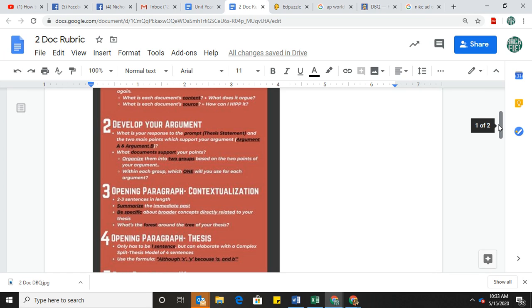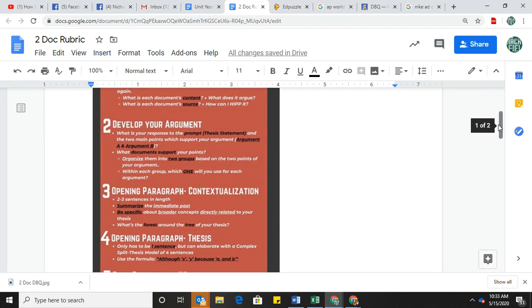So if you get a document about the Industrial Revolution, and the 2 documents that you use are ones about Karl Marx and something else, you don't want to put in a fact that's already included in one of the documents that you didn't bother to read. I hope that makes sense. So read the other documents just so that your outside evidence is truly outside evidence. It's not already found in the docs.